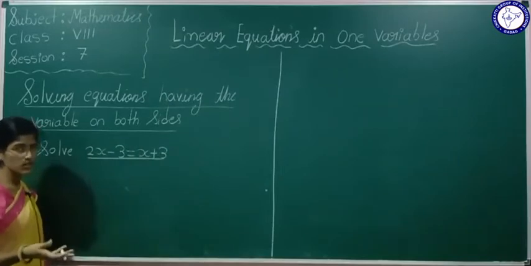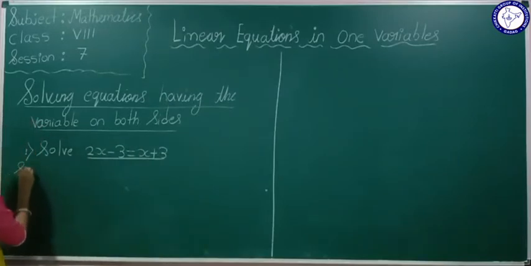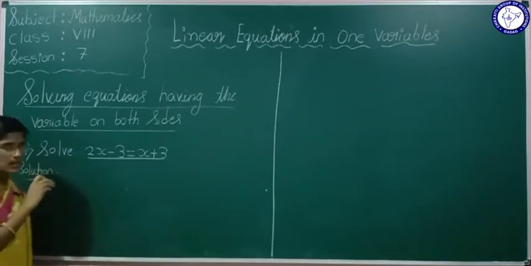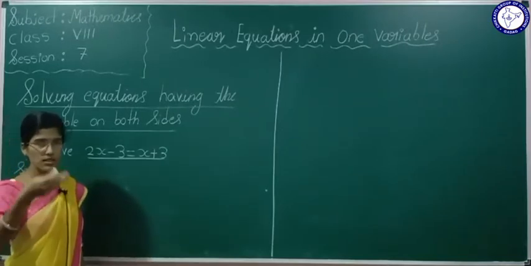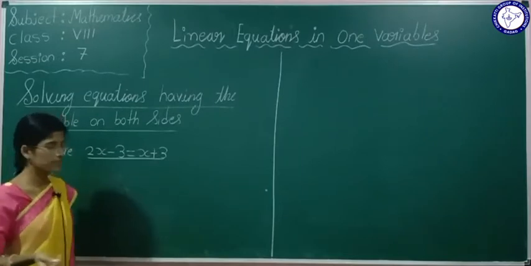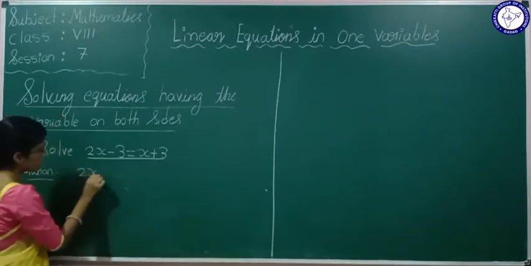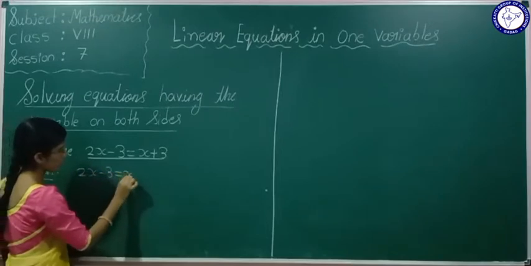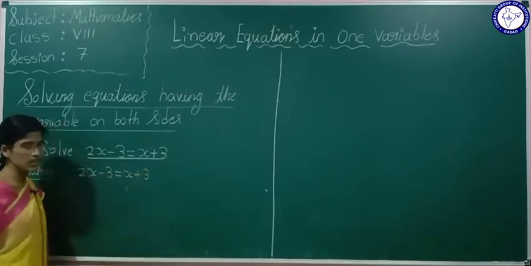How are we going to solve this? What I told you is to take variables on one side and constants on the other side and solve it. What is given here? 2x minus 3 is equal to x plus 3. This is the given equation.